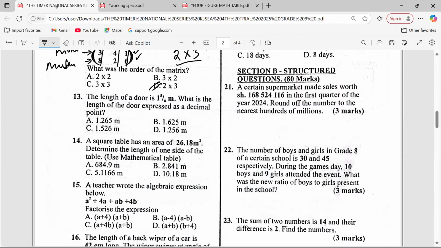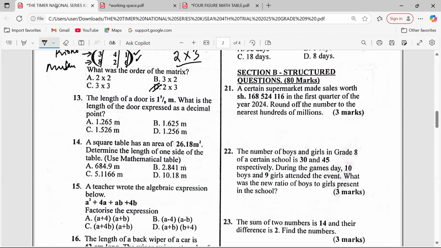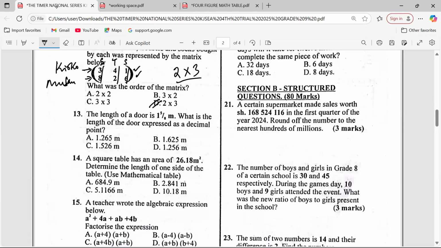Number 13. The length of a door is 1 and 5 out of 8 meters. What is the length of the door expressed as a decimal point? So as a decimal, we can actually convert this into a mixed number first. 8 multiplied by 1, we get 8, plus 5, we get 13. 13 over 8.